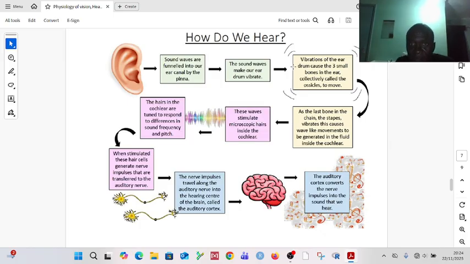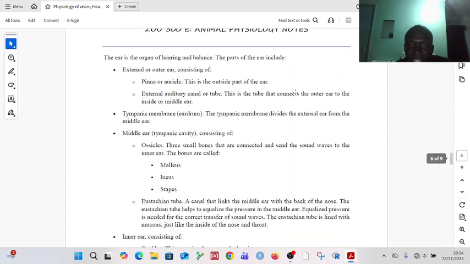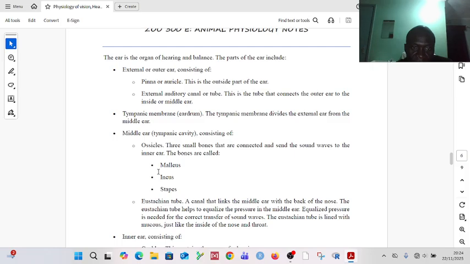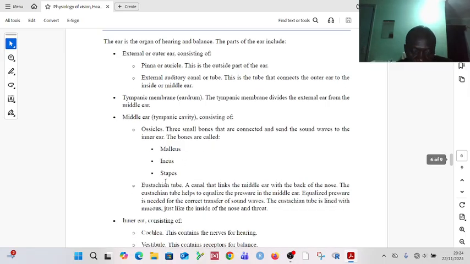Once the tympanic membrane has vibrated, it causes the three small bones to move. Remember the malleus, the incus, and the stapes, easy. Okay. Once your tympanic membrane or your eardrum vibrates, it causes these three bones to move. Okay.